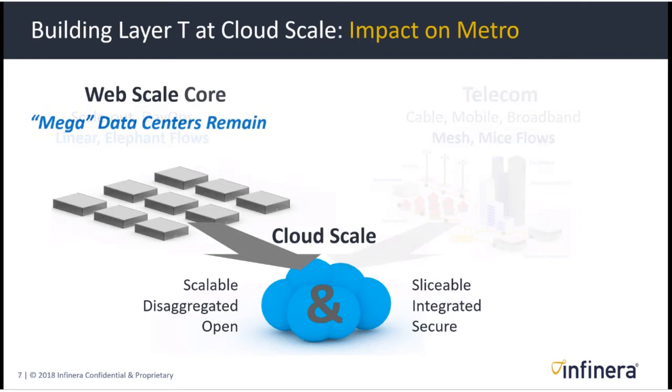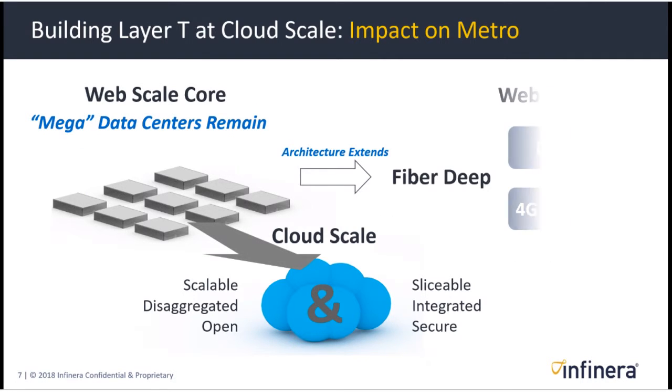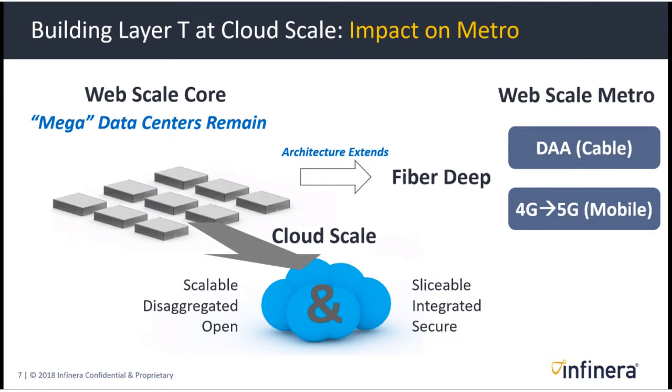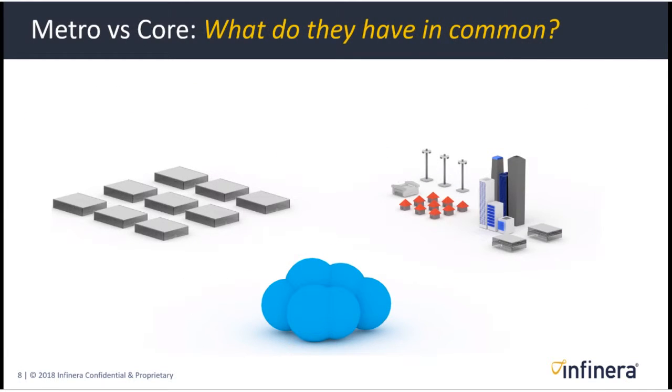In particular, this cloudification is extending outwards. So we don't just see the classic mega data centers anymore, but as fiber pushes deeper into the metro, we see small data centers popping up in the next generation cable architectures, known as DAA, and in the migration from 4G to 5G mobile networks. But what does this new metro network architecture have in common with core networks?